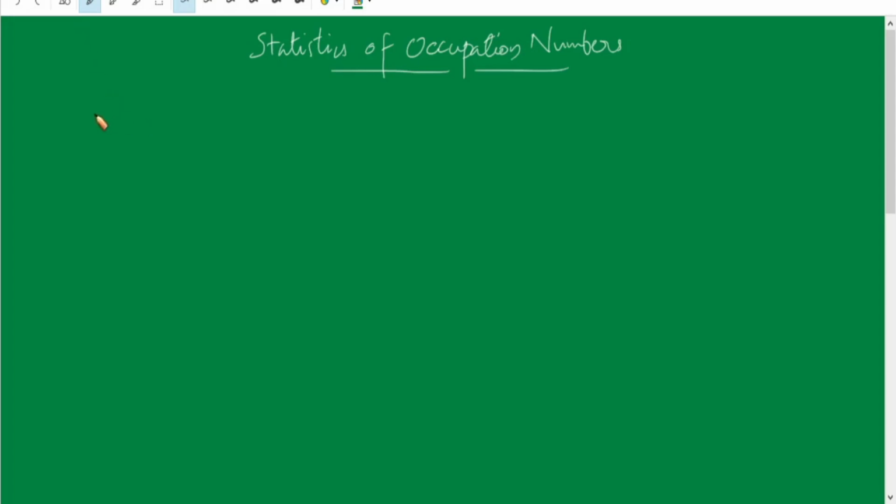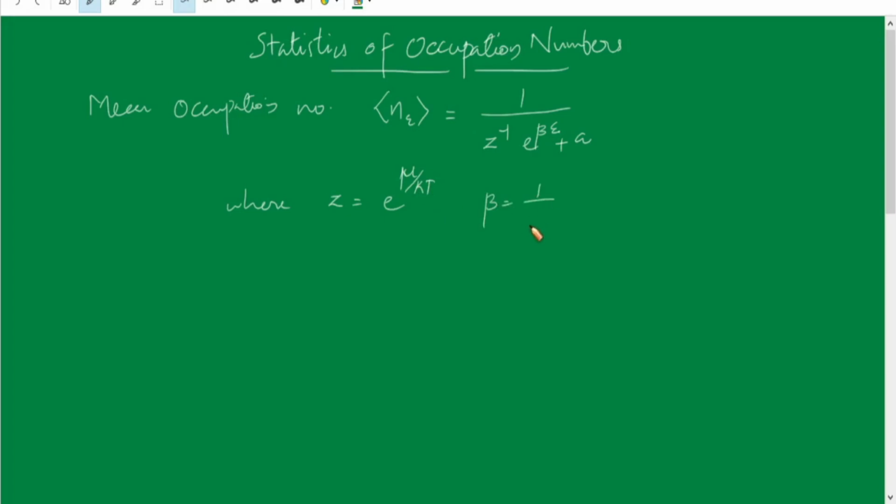So we know the mean occupation number N_E average is equal to 1 divided by z to the power minus 1 e raised to beta E plus a, where z is equal to e raised to mu divided by kT, where mu is the chemical potential and k is the Boltzmann constant, and also beta is equal to 1 divided by k times the temperature T.